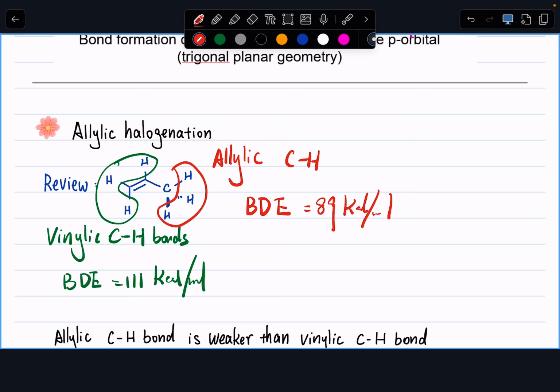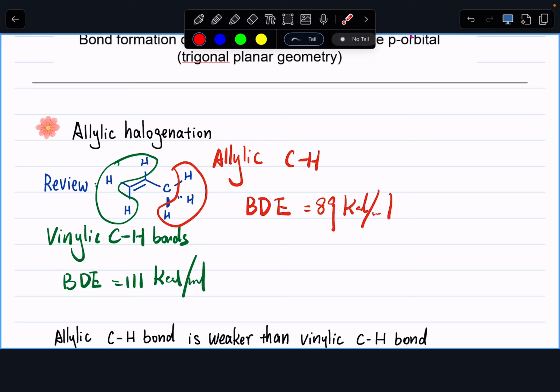But in this case, we're facing a problem. So far we were talking about alkane reacting with Br2, right? Now it's an alkene reacting with halogen. According to our previous experience, we know alkanes are pretty inert chemicals that do not react with a neutral halogen.